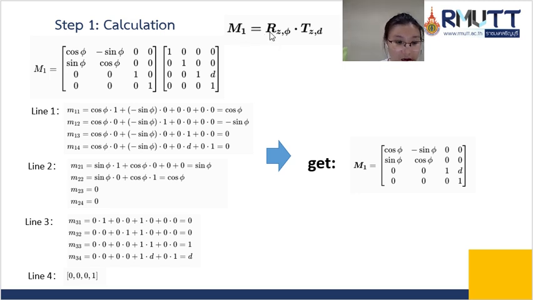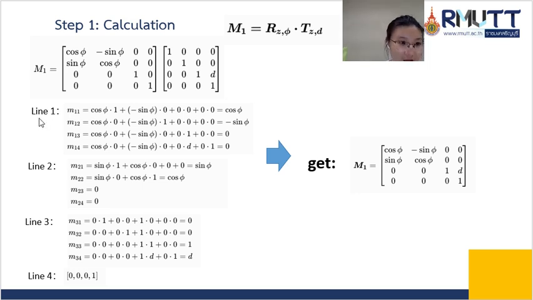M1 equals R z phi times T z d. Multiplying each row by each column.